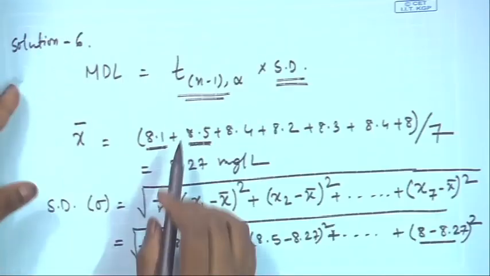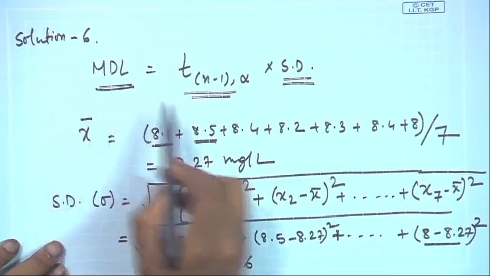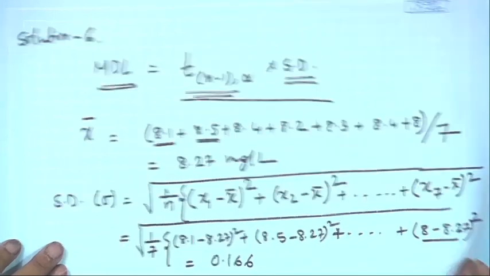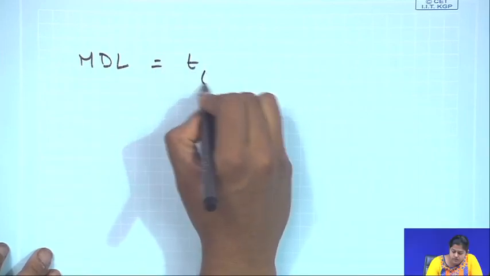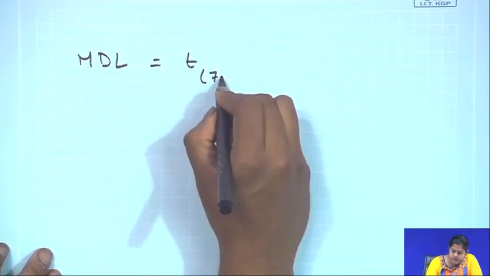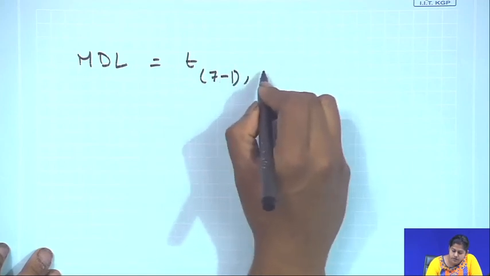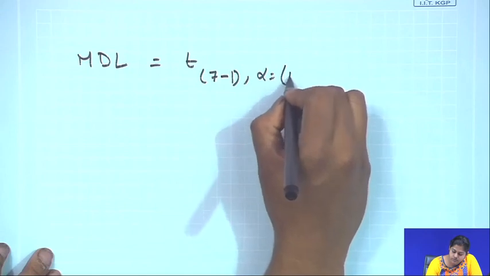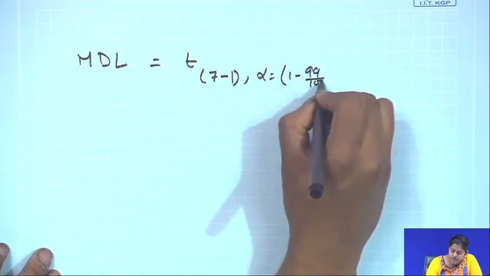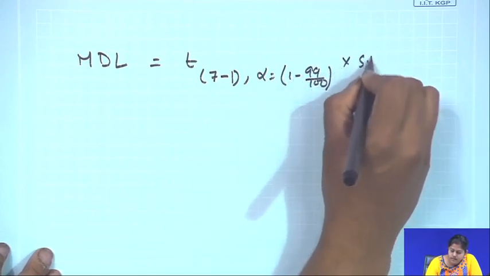Now, we can calculate our MDL value using this formula. So, our MDL will be t, with n, the number of samples, being 7, and alpha for the 99% confidence limit, into standard deviation.